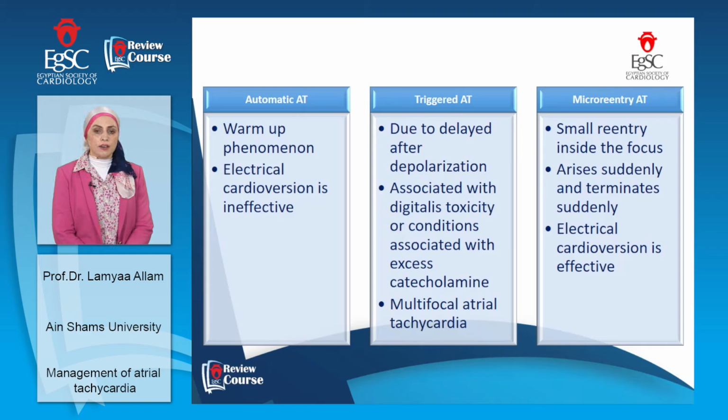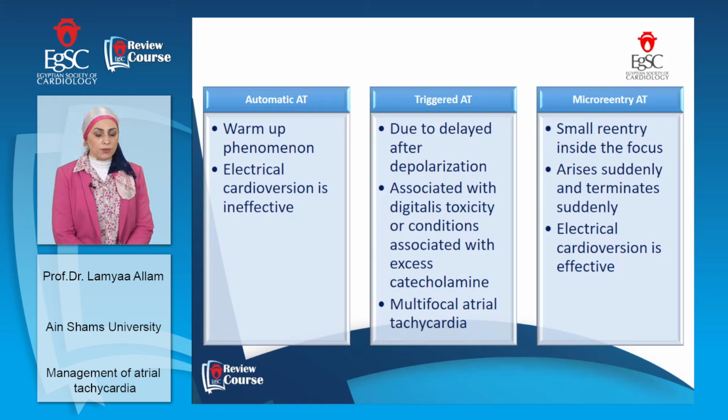It means that this tachycardia is initiated gradually and terminated gradually. It is initiated by a gradual increase in its rate and terminates by a gradual decrease in its rate. And one of the most important characteristics of this atrial tachycardia is that it doesn't respond to DC shock or electrical cardioversion.